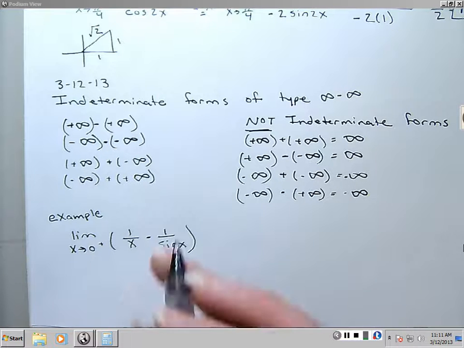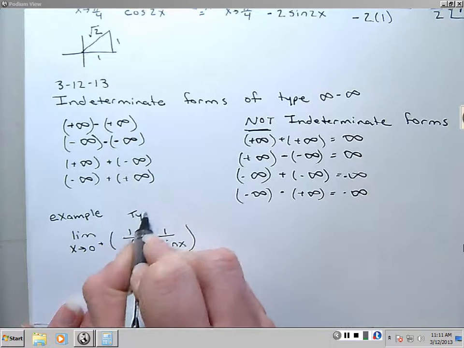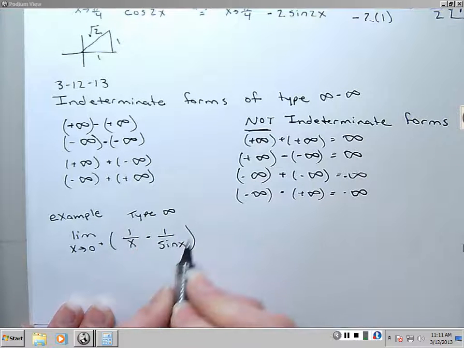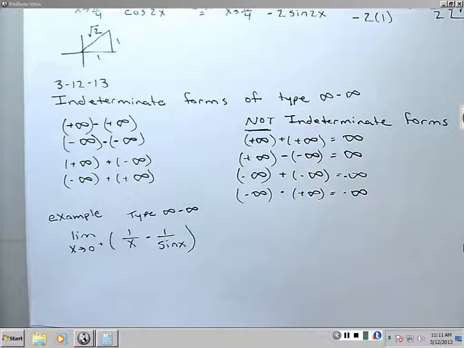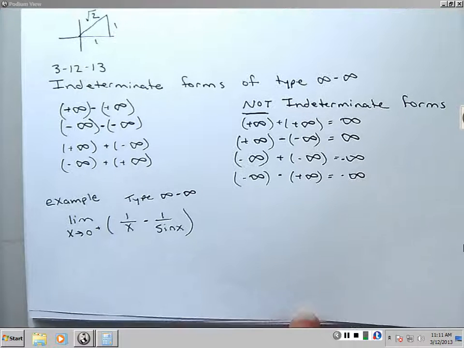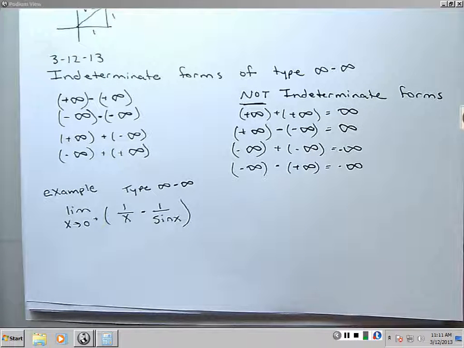It's infinity minus infinity. So I can't do anything with infinity and minus infinity. If I'm going to apply L'Hopital's rule, it has to be infinity over infinity or 0 over 0.